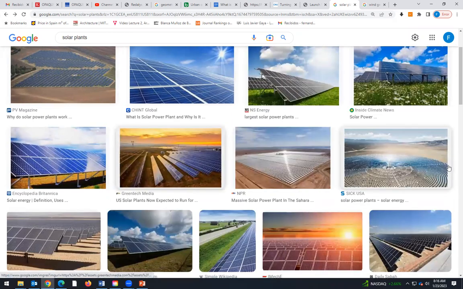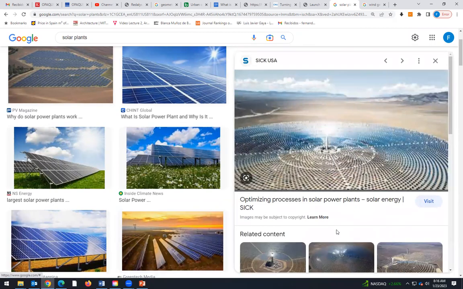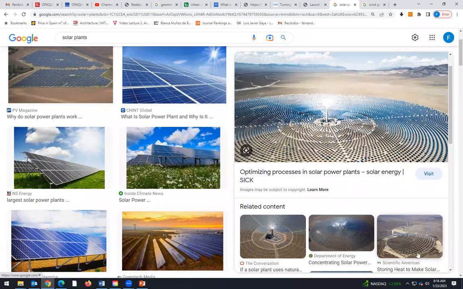There are other plants like this. Those are not PV panels. Those are mirrors, and those mirrors concentrate, as you can see, they are all focusing on that point, on this tower, and then the solar radiation is reflected towards the top of this tower, and the temperature is so hot here that it can turn water into steam, and that steam can move turbines.